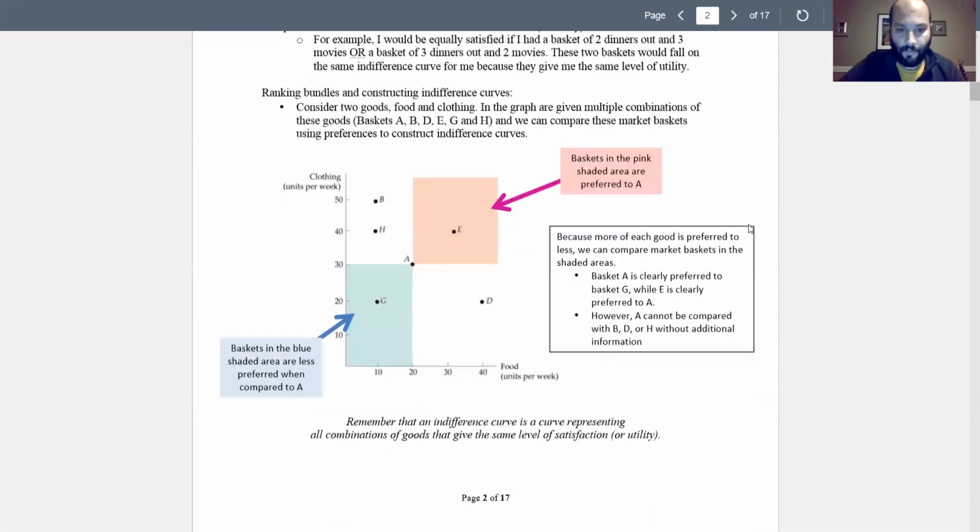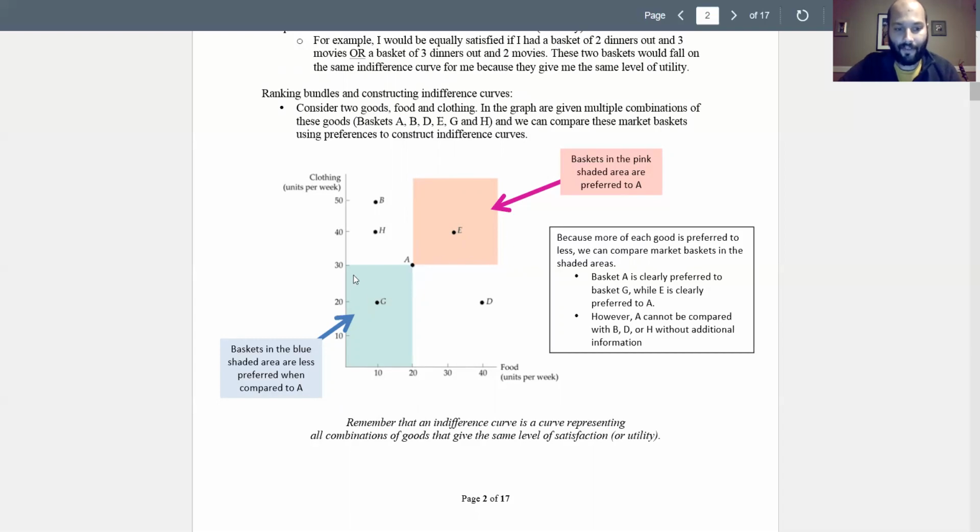Let's take a look at this chart here. Let's take a look at point A in particular. We can definitely identify, by the more-is-better rule, some points that are better than point A. For instance, point E contains both more food and more clothing than point A, so we know that that's better than point A. This better-than set includes all of the points which have at least as much clothing and at least as much food or more.